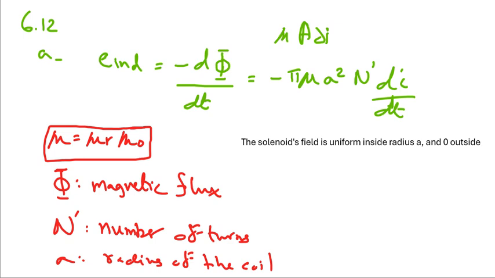Oh yeah, we didn't forget the windings, number of turns divided by the length of the solenoid. So this is the equation for the E induced.